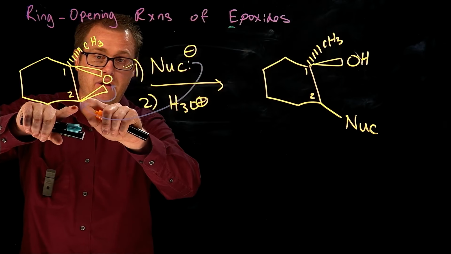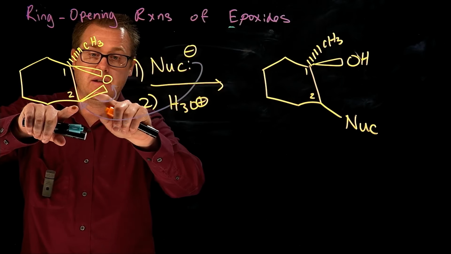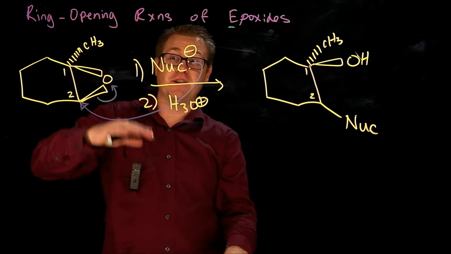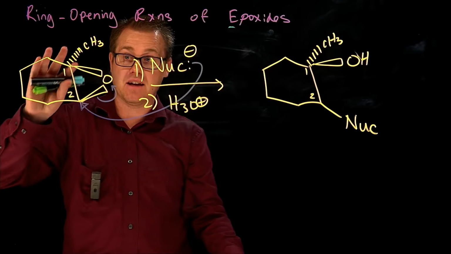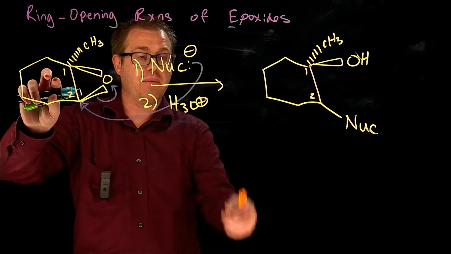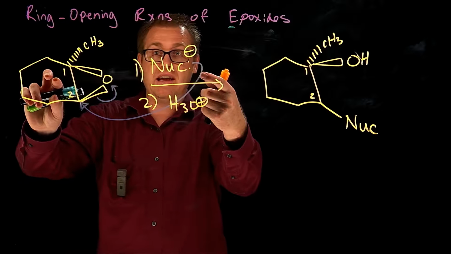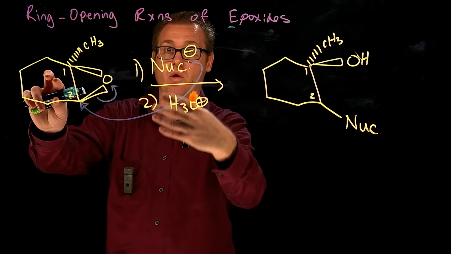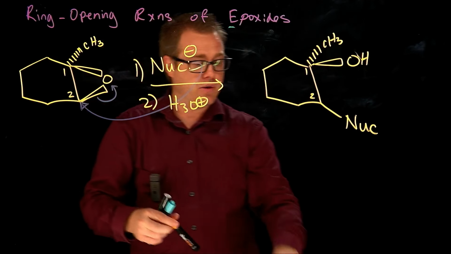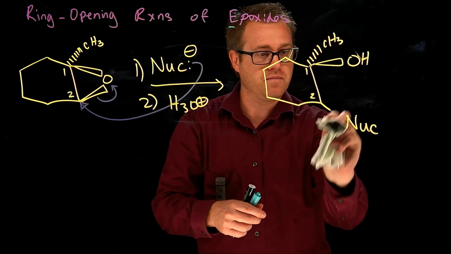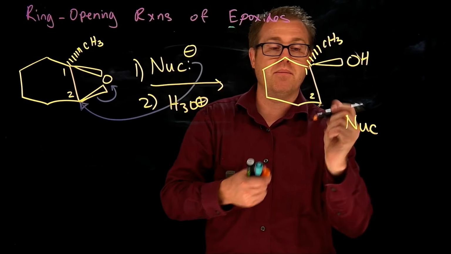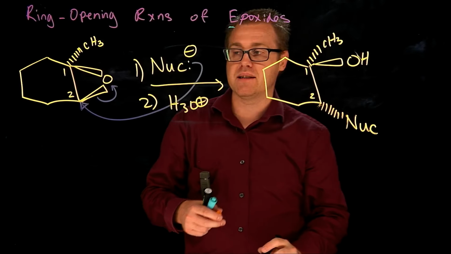And so where's the leaving group? It's that wedge, so it's on the top or the front face of the ring. That means the nucleophile has to attack from the opposite side, a backside attack. So it's going to approach this ring from the backside.